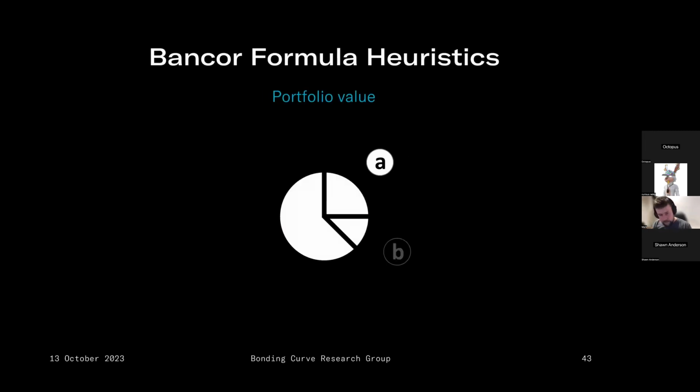So this is what I was talking about. When we're talking about a liquidity pool and the liquidity pool token that represents it, we're always referring to a portfolio of some value.